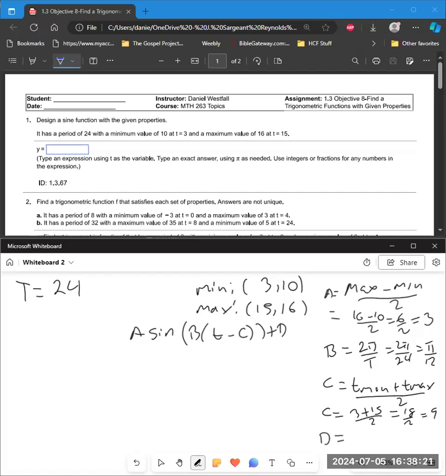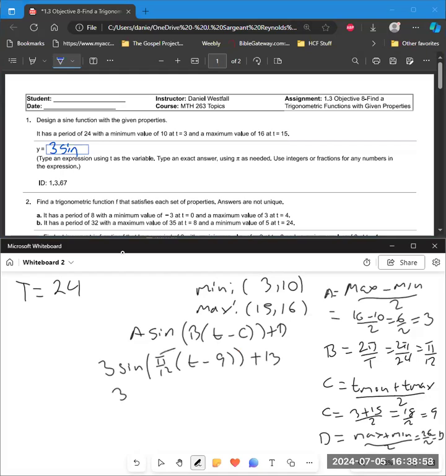And our D value is our max plus our min over 2, which is 26 over 2, is 13. So that gives us a function of 3 sine of pi over 12 times (t minus 9) plus 13.